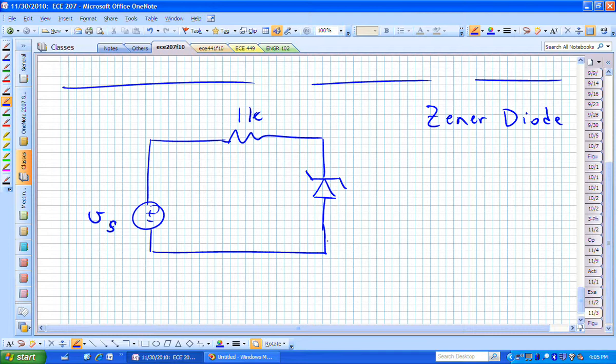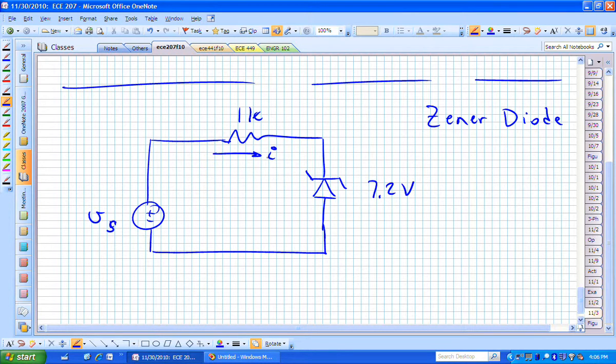But these diodes are typically labeled with a particular reverse voltage, in this case 7.2 volts. This means if V sub S gets above 7.2 volts, that circuit is going to start conducting. Before that, nothing is going to happen.